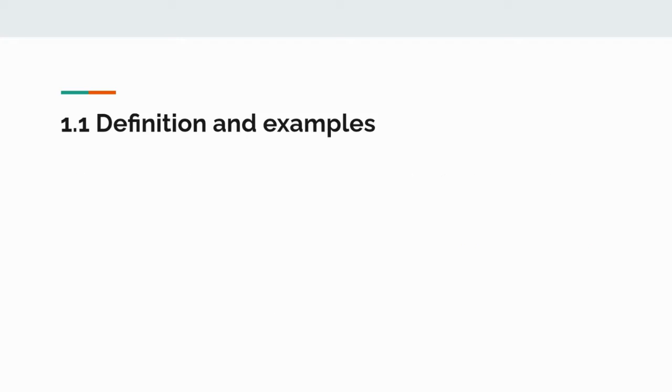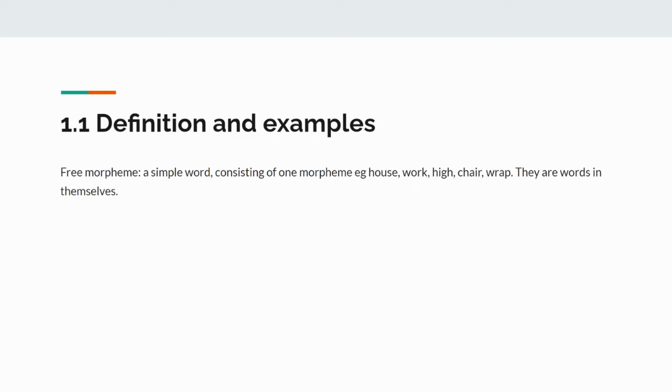So how does this work? First of all, a free morpheme is a simple word consisting of one morpheme, for example, house, work, high, chair, or wrap. They are words in themselves. There are also bound morphemes, which are morphemes that must be attached to another morpheme to receive meaning.